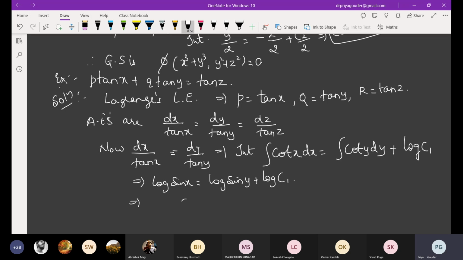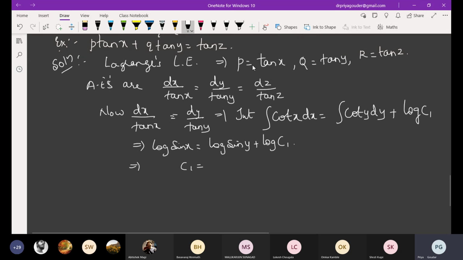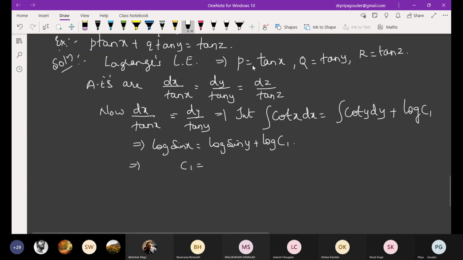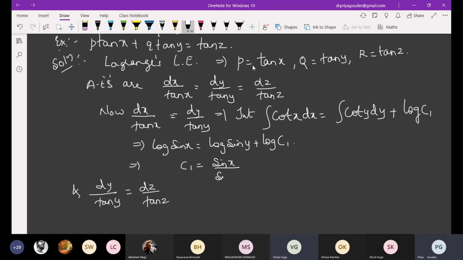Tell me ultimately what you will get C1 as. Do all the calculation, simplification. Tell me what is C1. Sin x by sin y. Yes. Now the second part I'll leave to you.